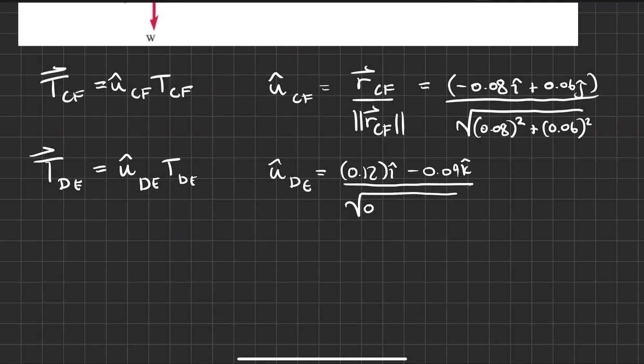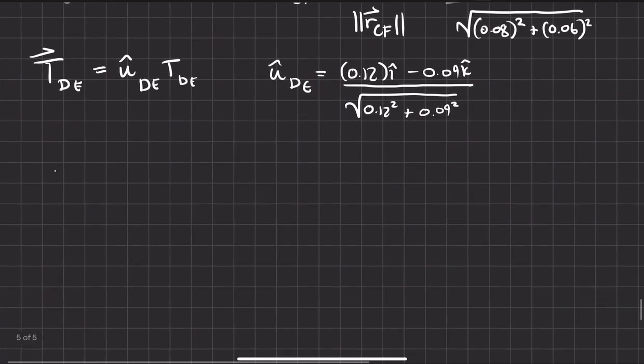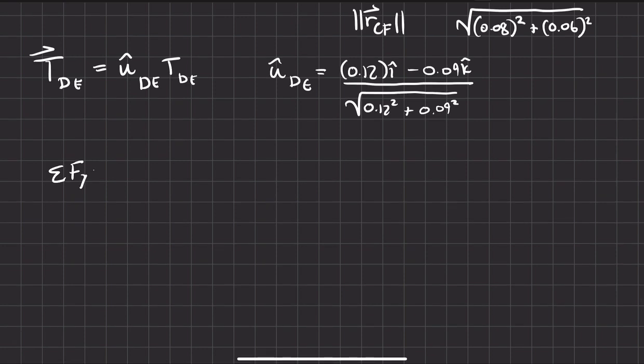We take the square root of 0.12 squared plus 0.09 squared. And that's our UDE.